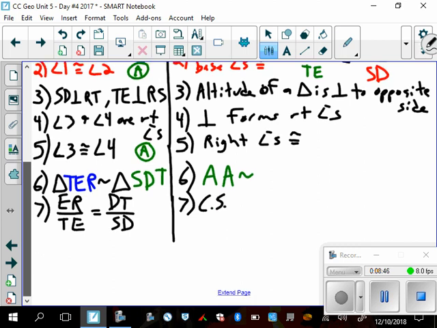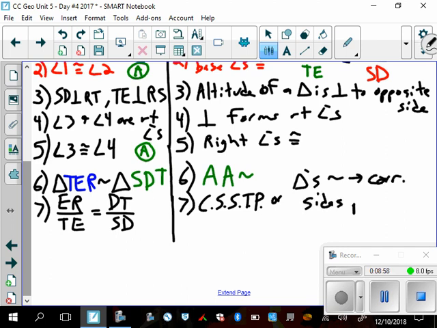Some people will use the acronym CSSTP, or you can say if triangles are similar, then corresponding sides are proportional. If you need to know, this means corresponding sides of similar triangles are proportional. So that's how we work through that.